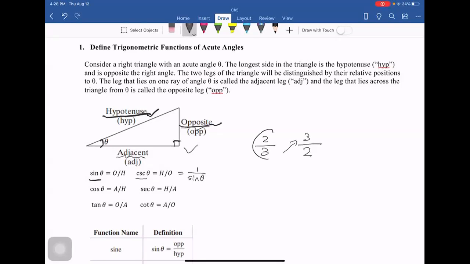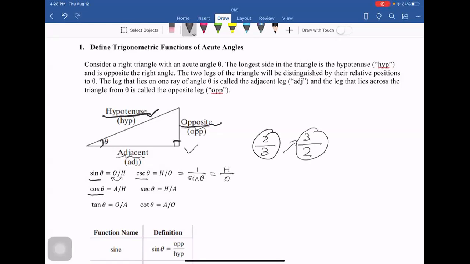So the reciprocal of this one is 3/2. So the cosecant theta is 1 over sine theta. So just switch the position of the opposite and the hypotenuse, which is hypotenuse over opposite.